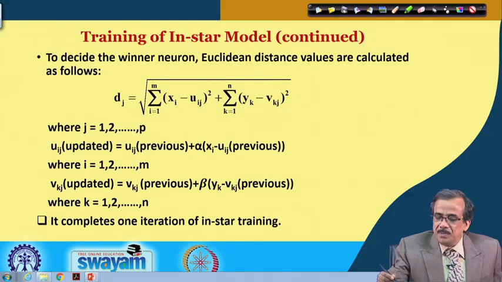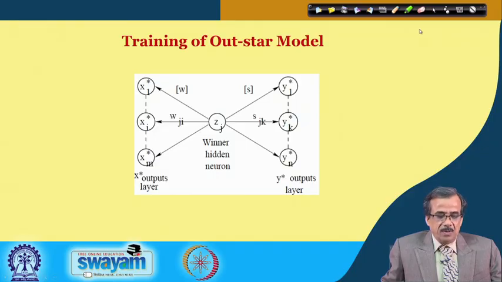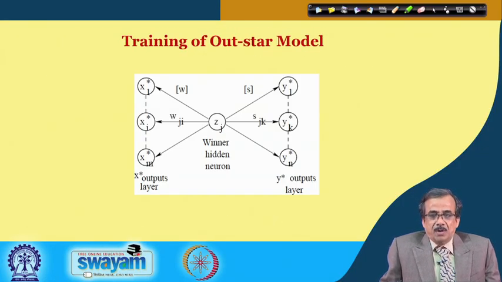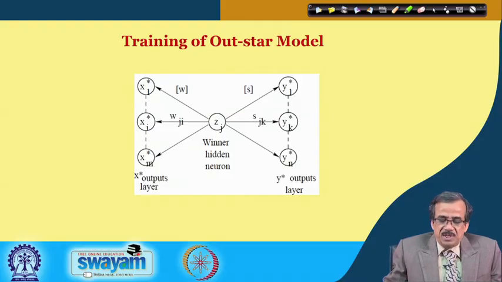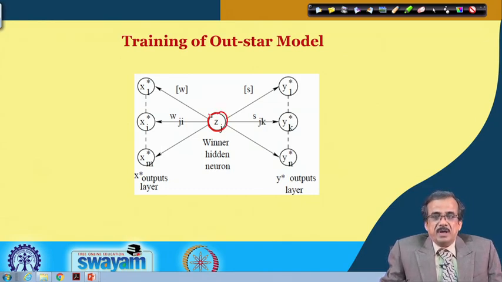Now, we will have to go for some sort of the out-star model. Now, if you see, the out-star model will look like this, and as I told, we have already got the winner. Supposing that z j is nothing but the winner, and this particular winner is lying on the hidden layer.